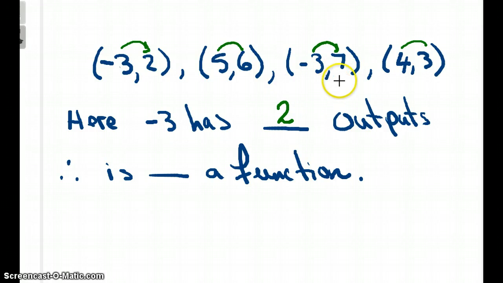In fact, we are required to graph both of them. So -3 has two outputs, therefore is not a function. Remember, for every input, I can only have one output. This input of -3 has an output of 2 and an output of 7.